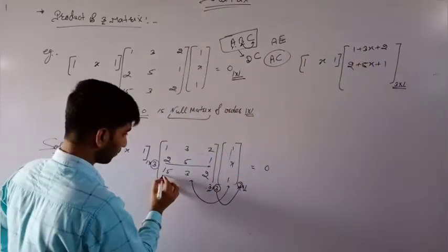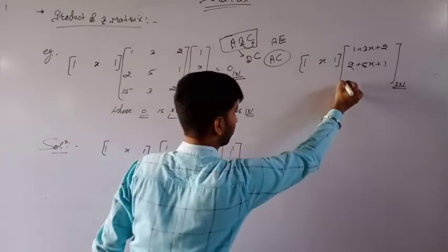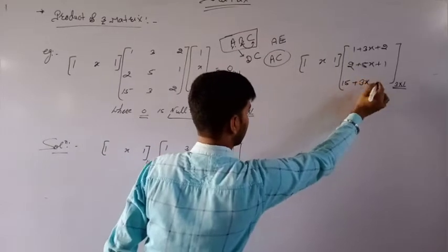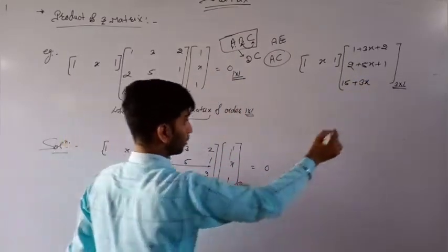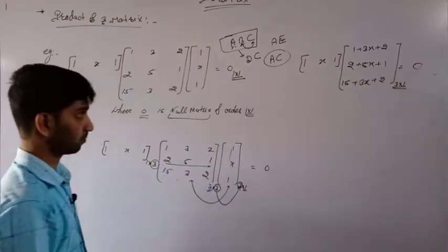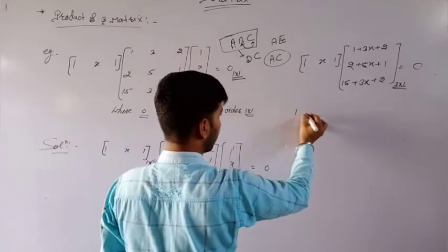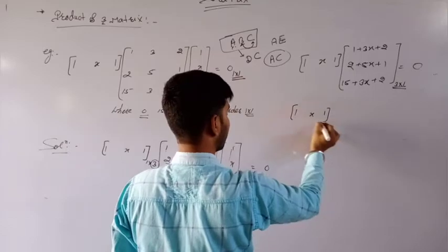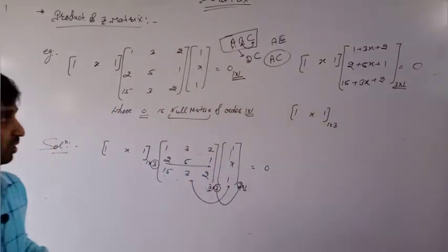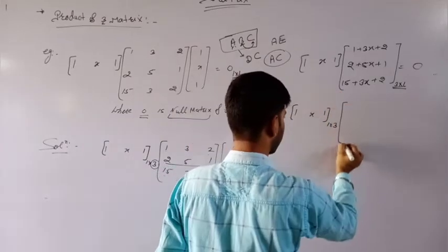Now third row: 15 multiply 1 is 15, plus 3 multiply x is 3x, plus 2 multiply 1 is 2, and this is equal to 0.